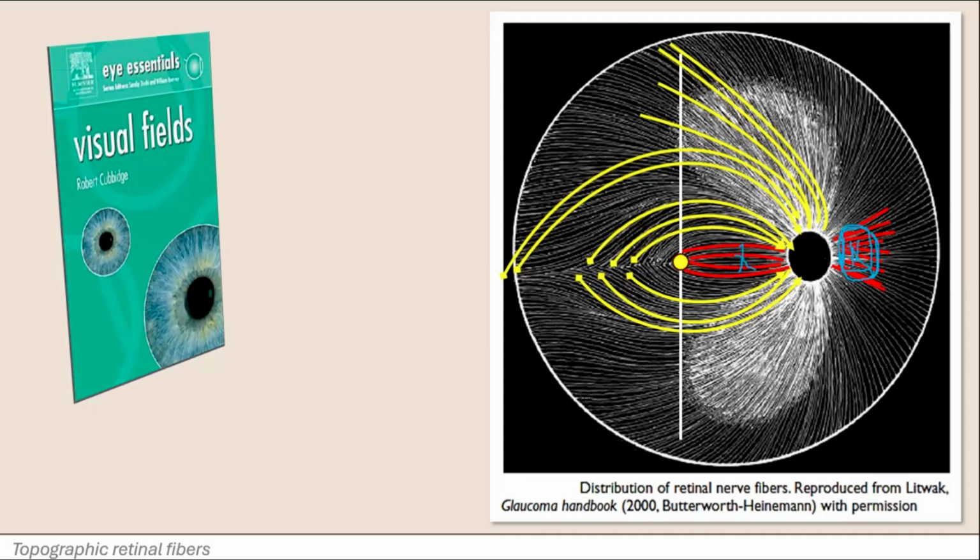So remember, in the chiasm, we have crossing of the nasal fibers, whether they come from the nasal retina or from the papillomacular bundle that comes from the nasal macula, okay? So the neuroretinal rim in this area and this area will become thin and pale.